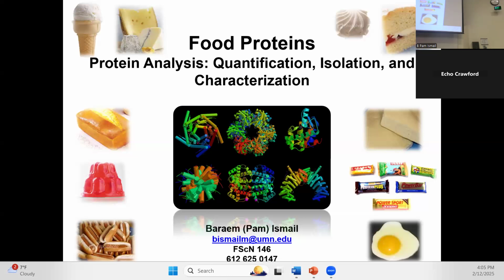Other methods are indirect. If you take BCA, the bicinchoninic acid assay, or Bradford, they all rely on a specific reaction. With BCA, copper ions are reduced to cuprous, and the protein is what reduces them, through amino acids or peptides in the protein.